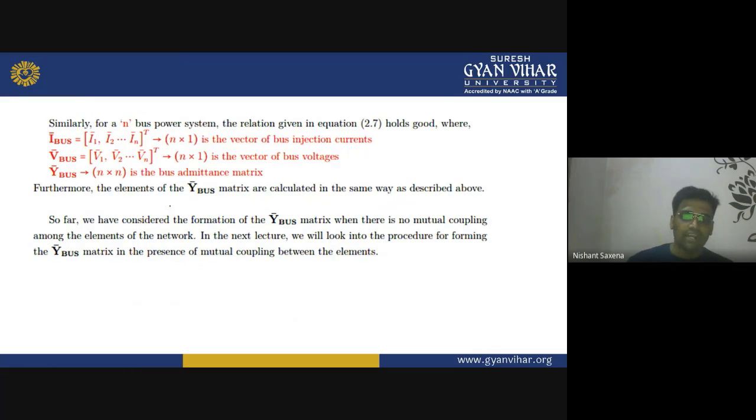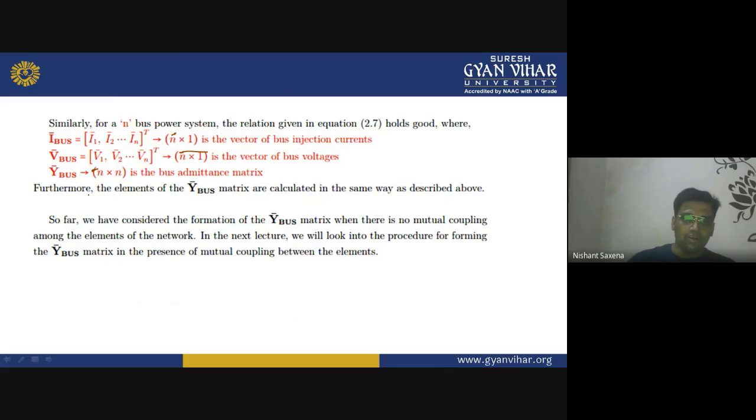Now, similarly, this is for the 5 bus power system. If we have an n bus power system, then this relationship, equation 2.7, holds. That is where I bus is an n cross 1 vector, V bus is an n cross 1 vector, and Y bus is an n cross n bus admittance matrix.